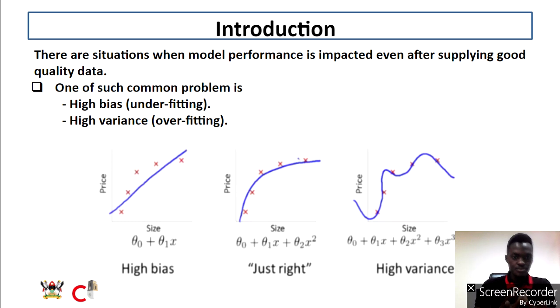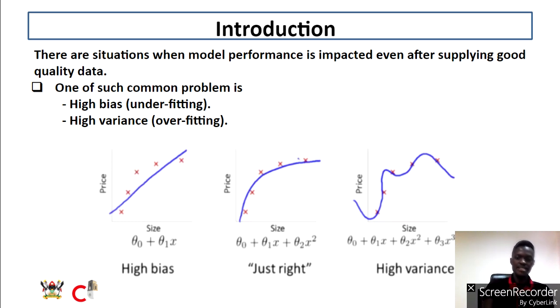So in brief, there are situations when the model performance is impacted even after supplying good quality data, and this is a common problem. The common problems are high bias, which is underfitting, and high variance, which is overfitting.